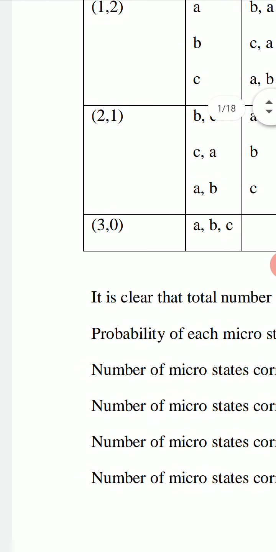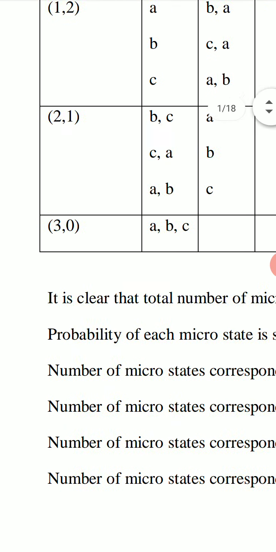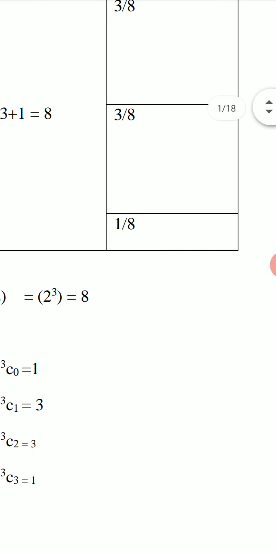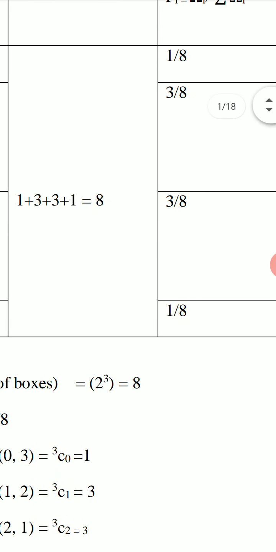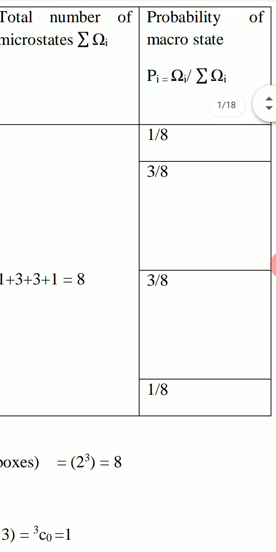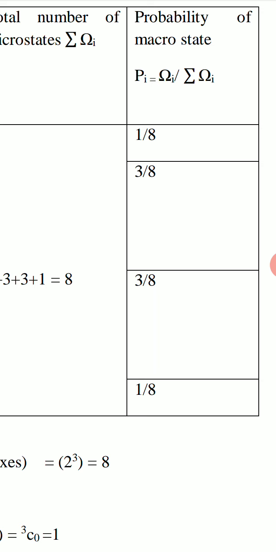And at last in the macrostate 3, 0, we have probability equal to 1 upon 8. So the probability is proportional to omega i. It is proportional to the number of microstates corresponding to a given macrostate. If we have more number of microstates, then we have larger probability.